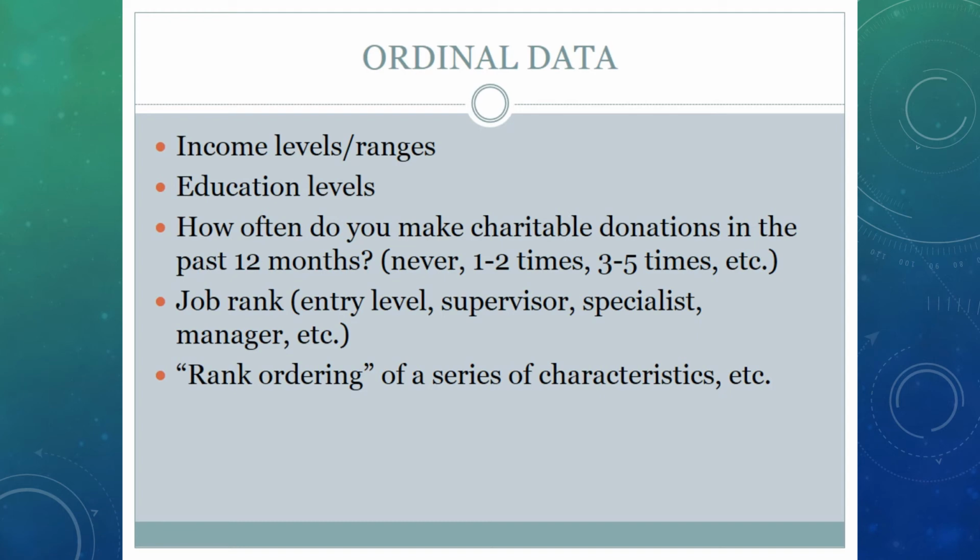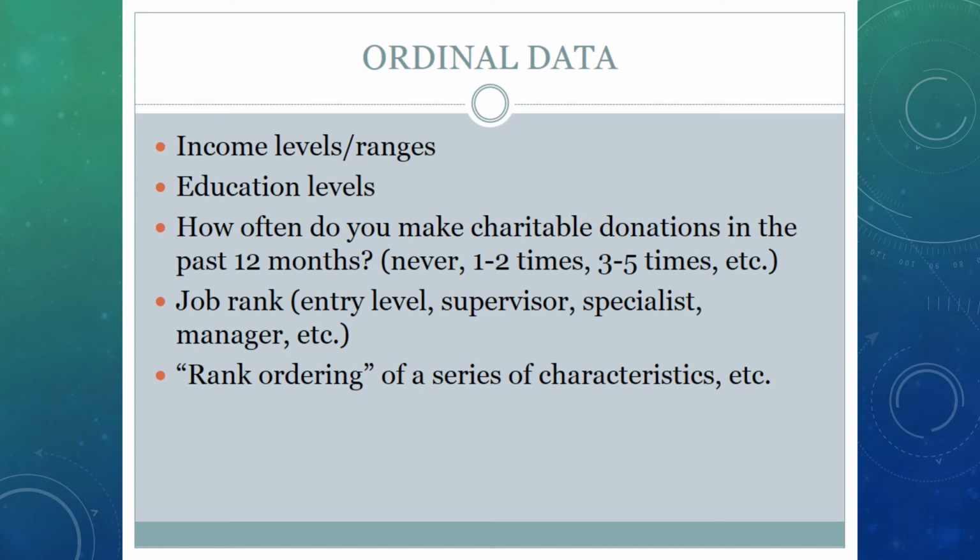So we've gone through nominal. We'll talk again about ordinal level data. Anything that has levels or ranges to them is ordinal level data. I did a survey a few years back now related to the ALS Ice Bucket challenge, and asking, how often do you make charitable donations?